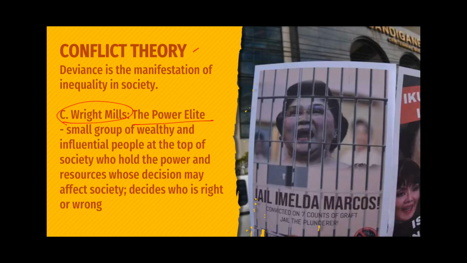Now, C. Wright Mills further identified who are the power elite and how they connive in order to create what is good and right in society.